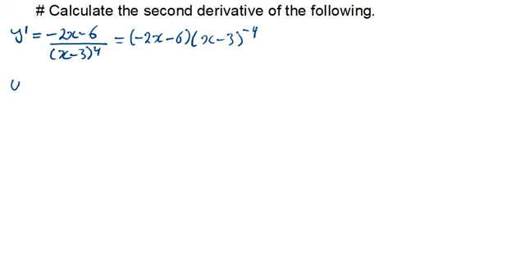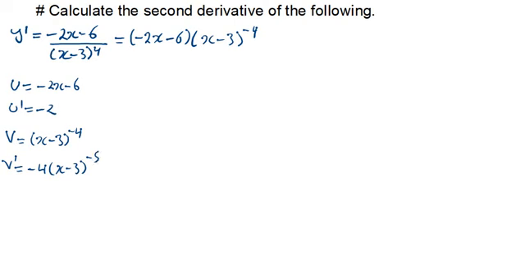Meaning my u is equal to -2x - 6, meaning my u prime is equal to -2. Then my v is equal to (x - 3) to the power negative 4, so my v prime is equal to -4(x - 3) to the power negative 5, which is just the chain rule that we are using there. So to find our second derivative, we are going to say v u prime plus u v prime.